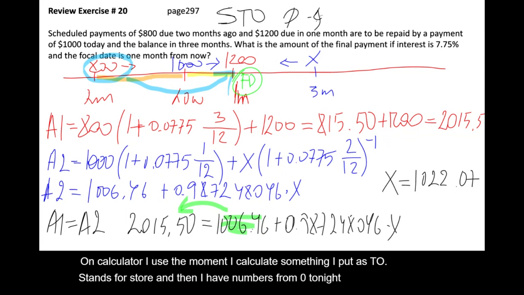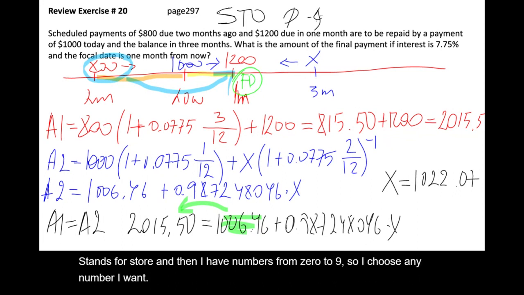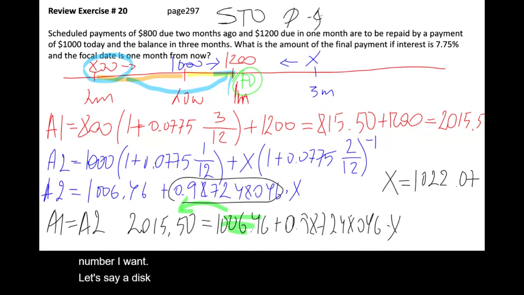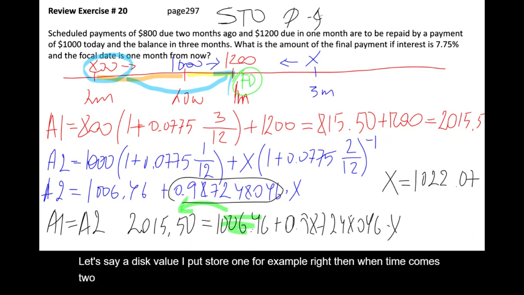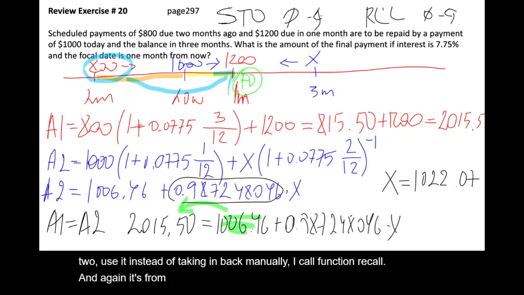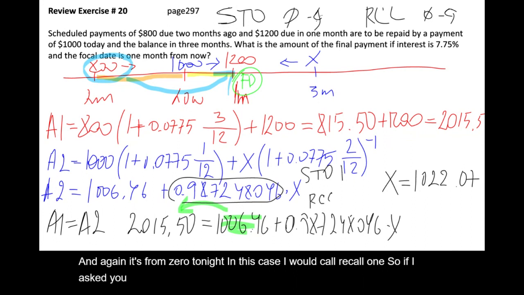So I choose any number I want. Let's say I store this value in 1. Then when time comes to use it, instead of keying it in manually, I call the recall function, again from 0 to 9. In this case, I would call recall 1. So if I STO 1, I would recall 1.